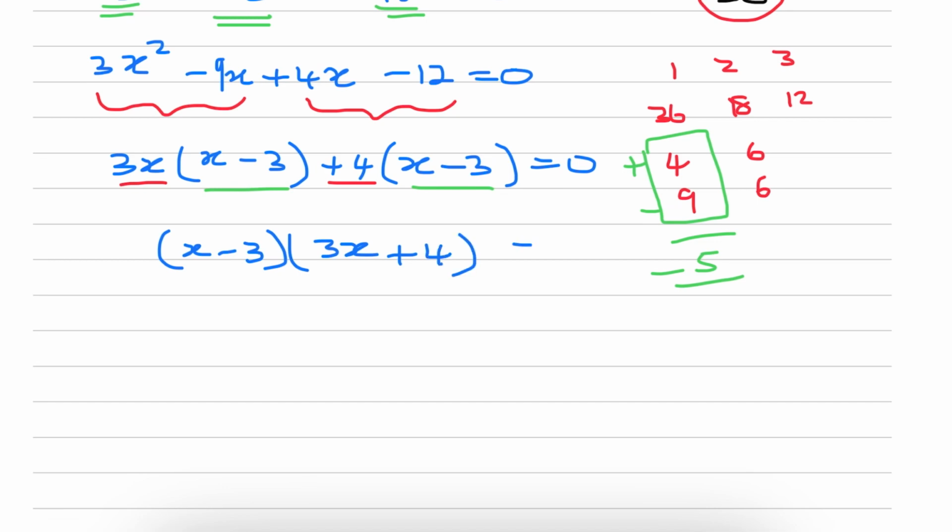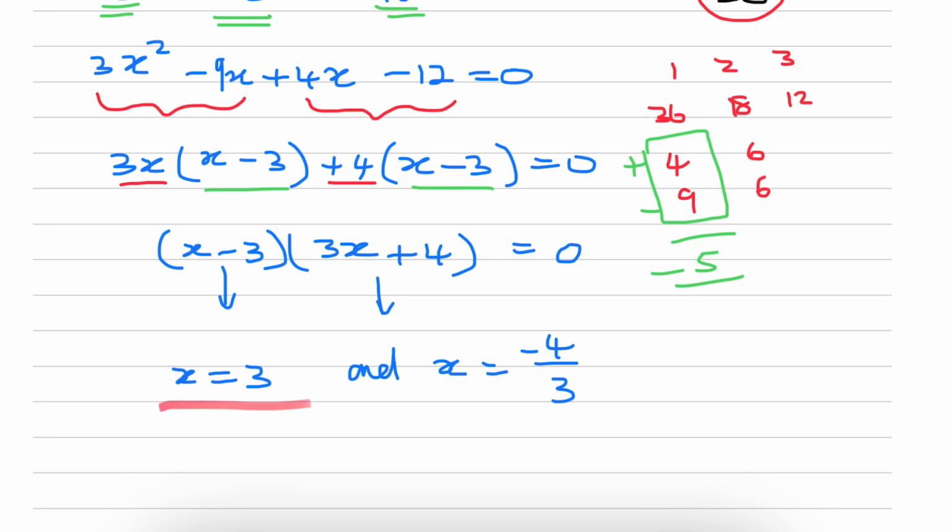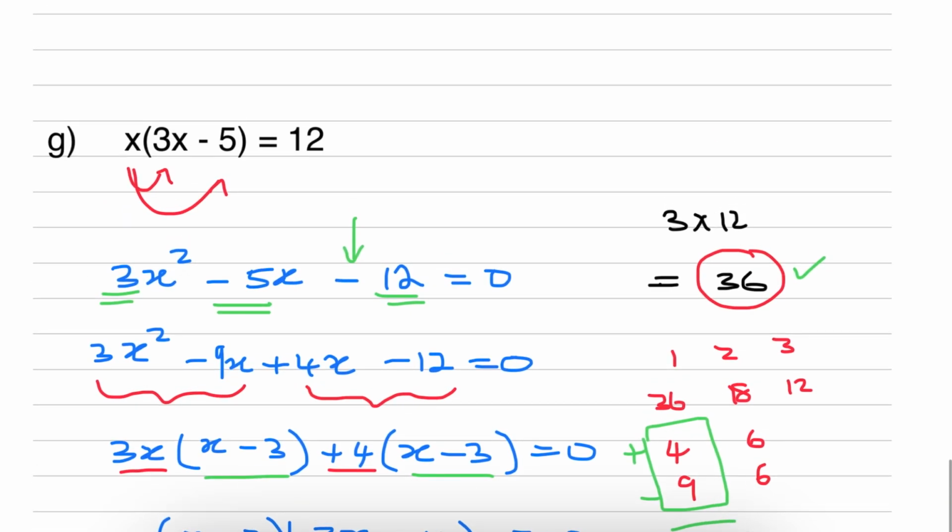Again, setting these brackets each equal to 0 should give us answers as x equal to 3 and x equal to negative 4 over 3. Okay, once you set each bracket equal to 0 and solve for x, you should find these answers. So that would be your final answers for the original equation.